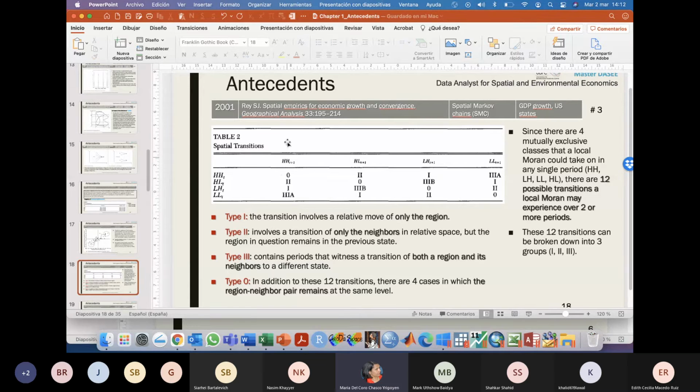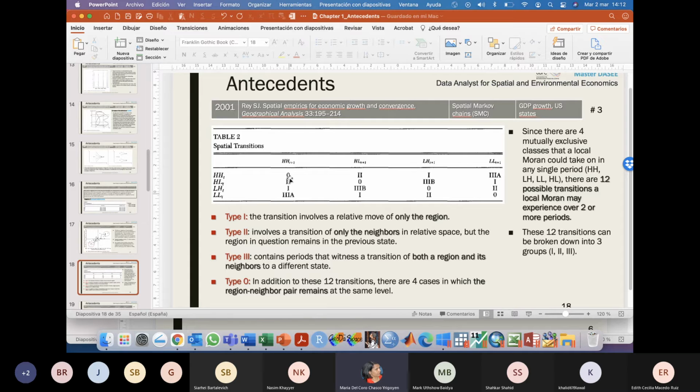So, for instance, a state that was in period T in the quadrant high could go in a future period to another quadrant, low-high, low-low, etc. So in turn, these 12 transitions can be broken down into 3 groups, 1, 2, 3, that are the ones represented here.